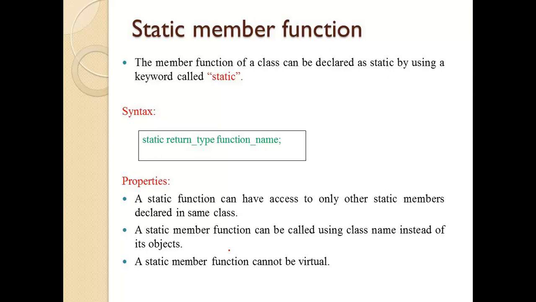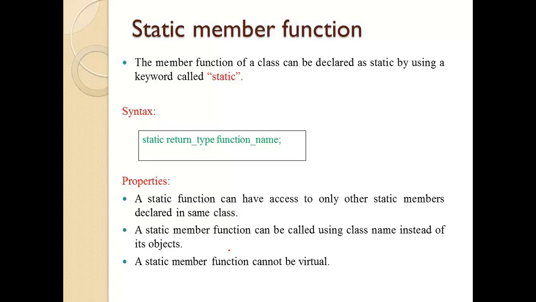So remember, static data member and static member function: the variable and the member function should be preceded by the static keyword if we are making them static. Once a static data member has been created, one memory location is allocated for it. It is visible only inside the class, but its lifetime is throughout the program.